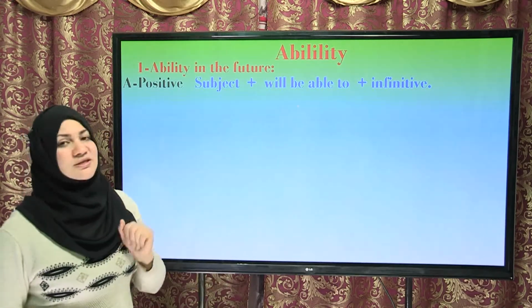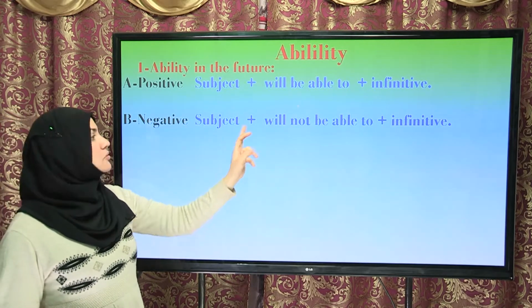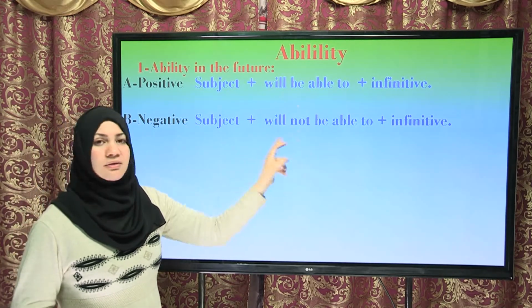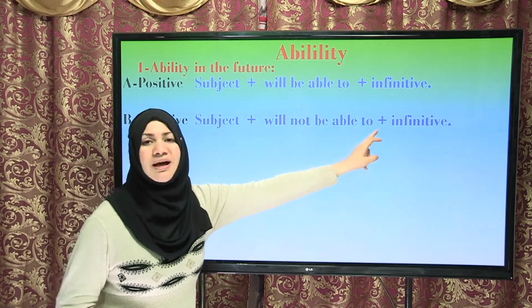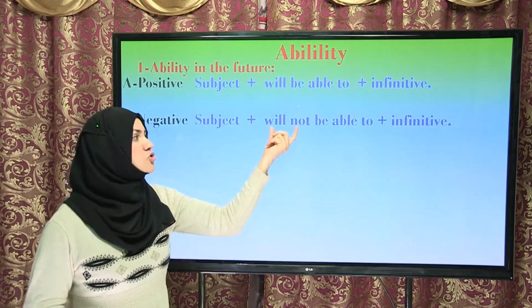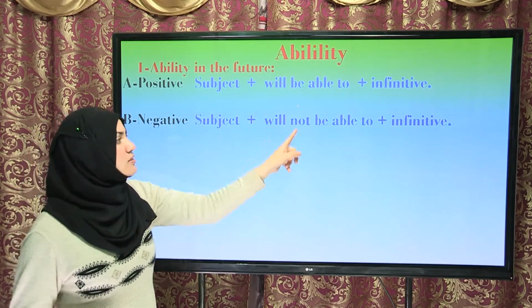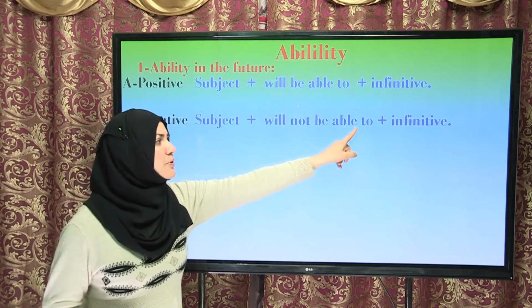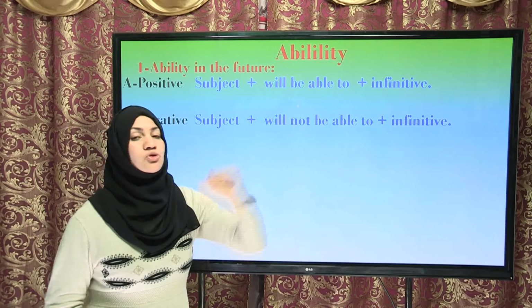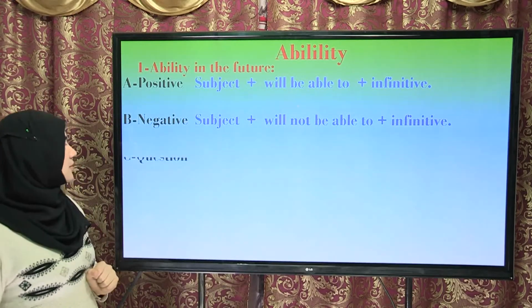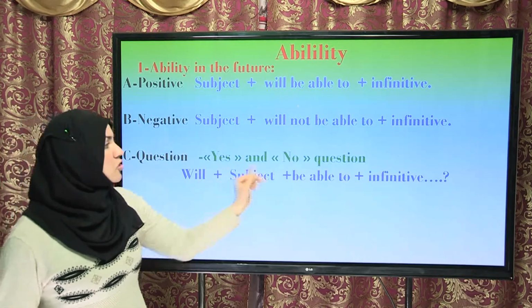This is the positive. We have negative: subject plus will not be able to plus infinitive, or the short form won't. Then the question, the same thing, yes and no question.